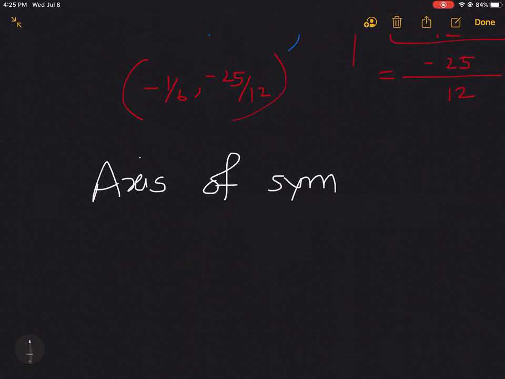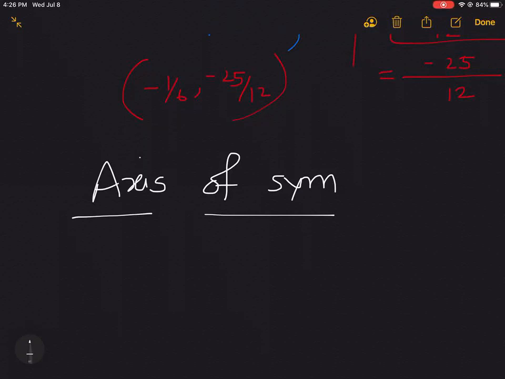Anyone? Just give it a try again. I know you have seen this way before, so you might not remember the exact formula, but just give it a try. What's the formula for the axis of symmetry?